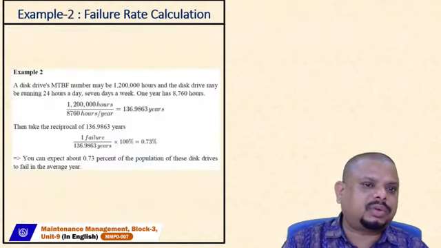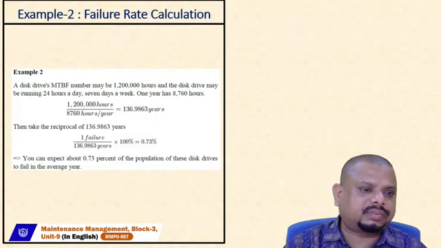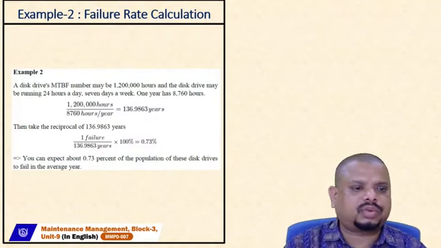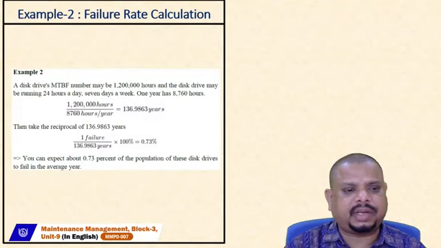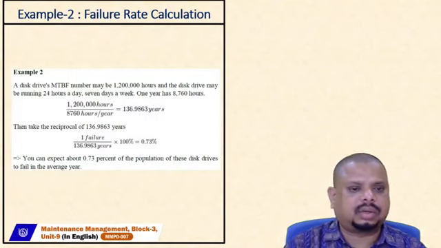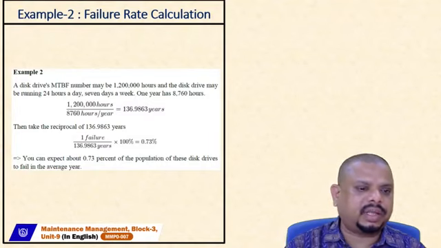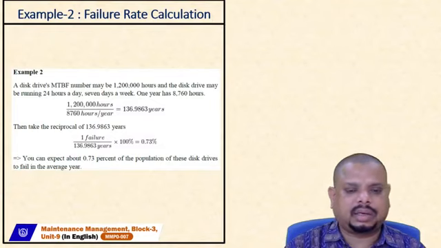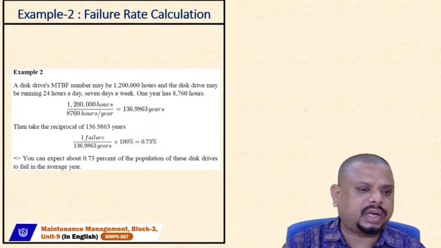Let's take another example of failure rate calculation. The first is a disk drive whose mean time between failures may be 1,200,000 hours, and the disk drive may be running 24 hours a day, 7 days a week, and 1 year has 8,760 hours. So how do we calculate the failure rate?